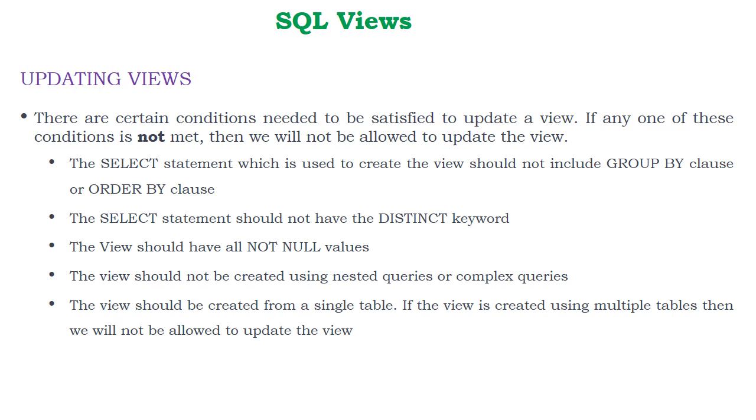The select statement should not have the distinct keyword. The view should have all not null values. The view should not be created using nested queries or complex queries. The view should be created from a single table. If the view is created using multiple tables, then we will not be allowed to update the view.